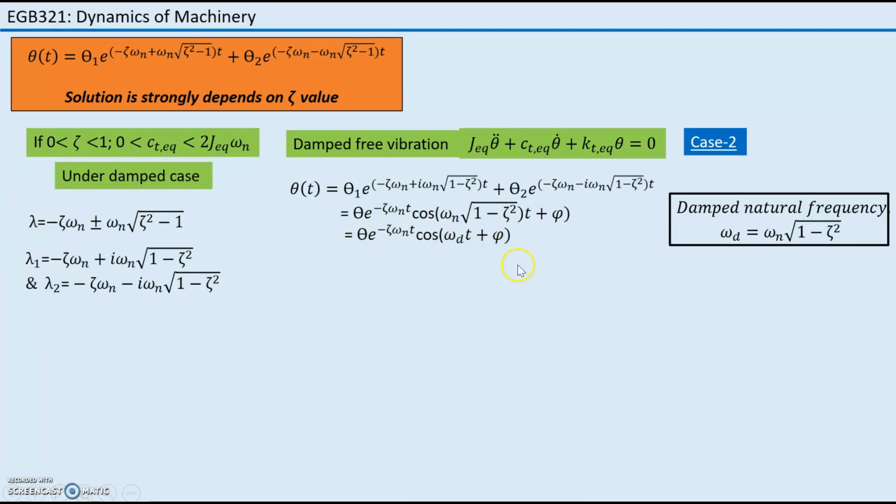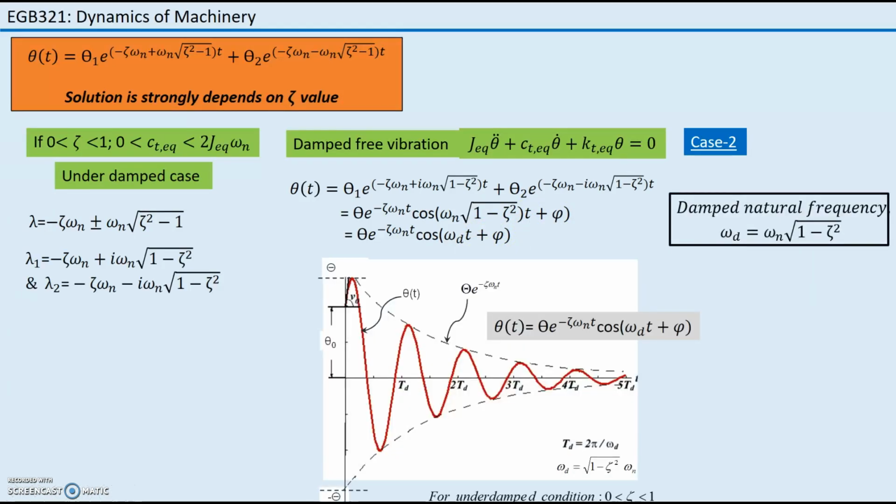Here omega d is the damped natural frequency and phi is the phase angle. In this case, the curve will look like this, where we can see the vibration is harmonic and fades away due to the negative exponential part, and it has period equal to pi on omega d.